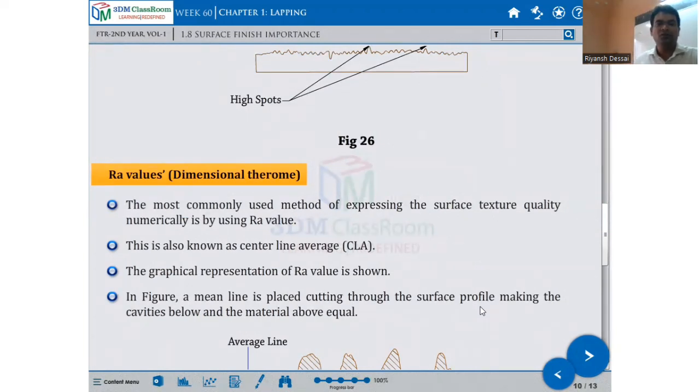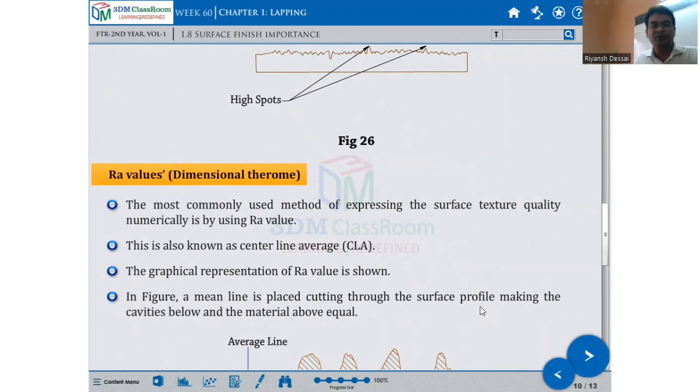The most commonly used method of expressing the surface texture quality numerically is by using the RA value. This is also known as the center line average value. There are waves, but there is some average center line, and that is how we define the RA value, the center line average value.